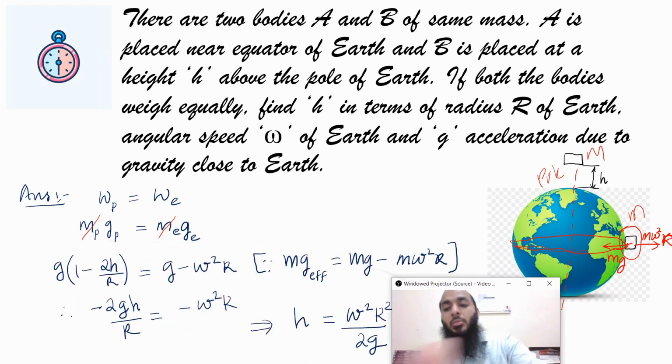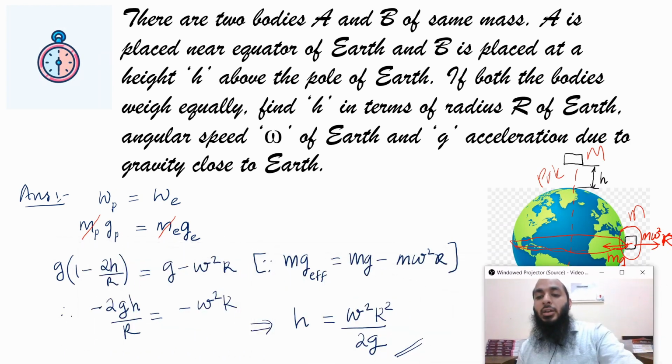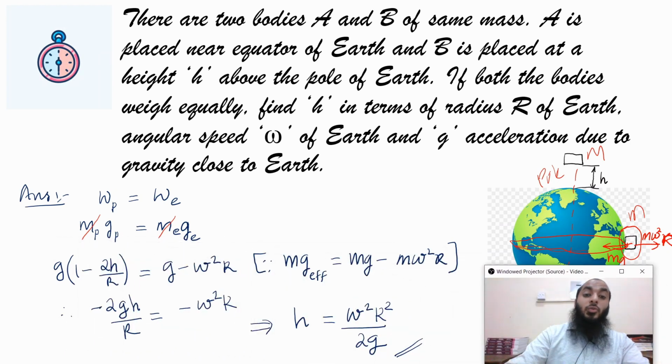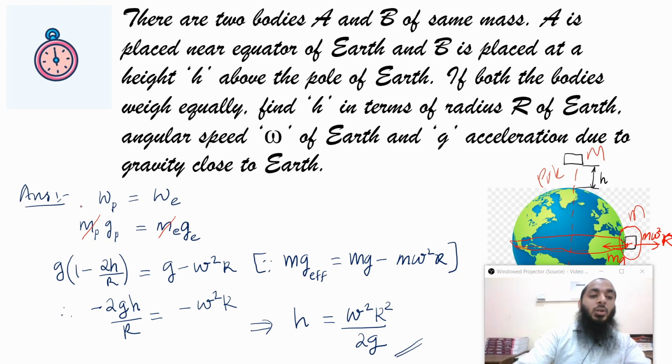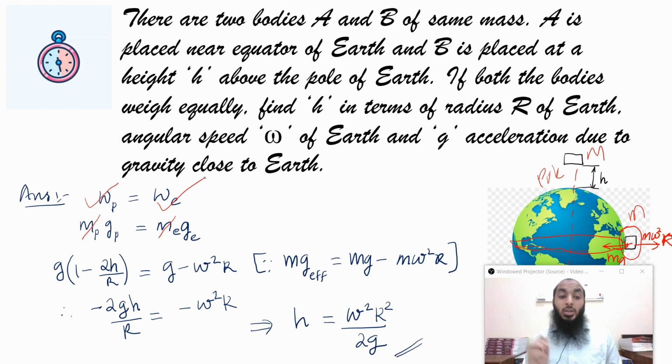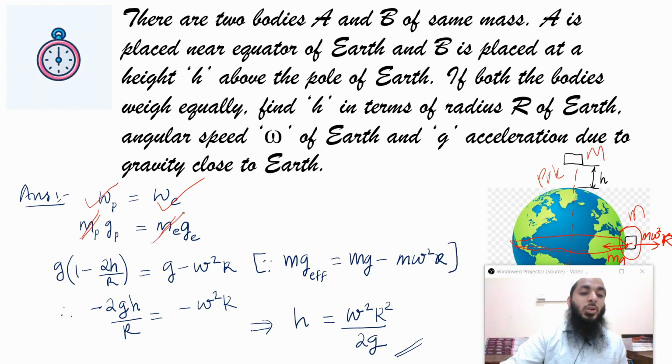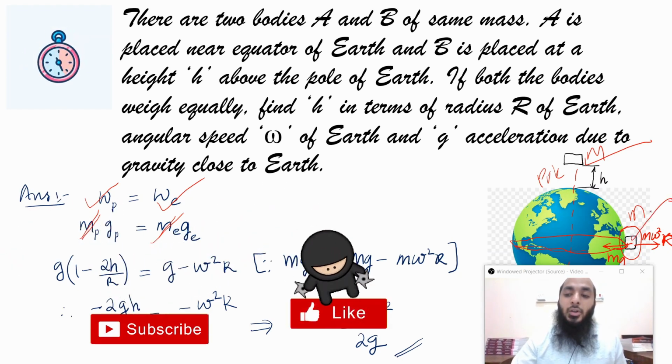So the mass is the same, and they have given another piece of data, which is that the weight is also the same. So the weight of the particle kept at the pole is equal to the weight of the particle kept at the equator, and it is equal to mg. So mass gets cancelled because the masses are the same. So gp is equal to ge, which means the acceleration due to gravity at this point is equal to that here.